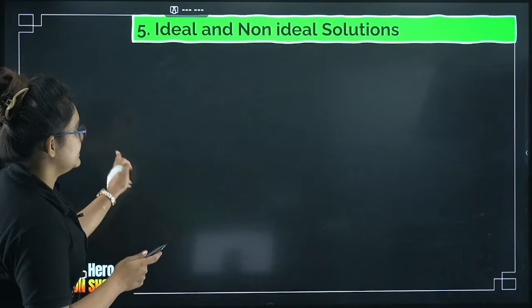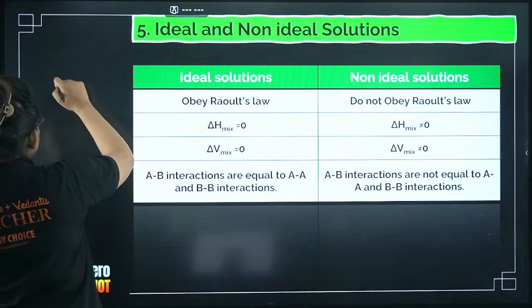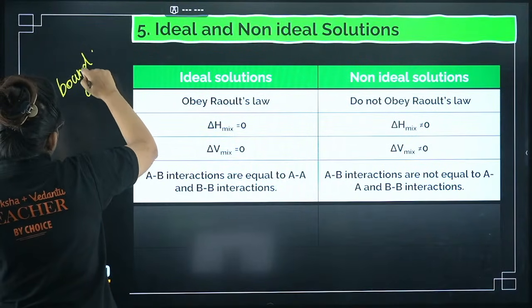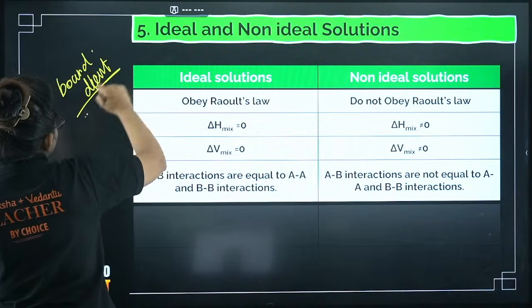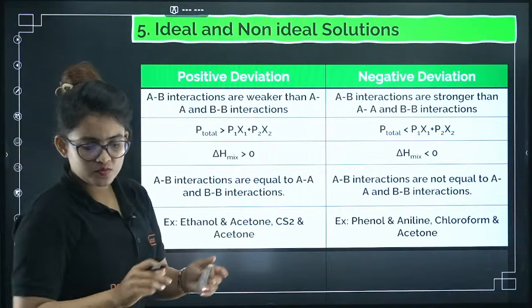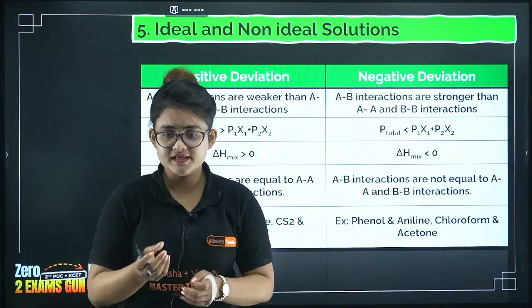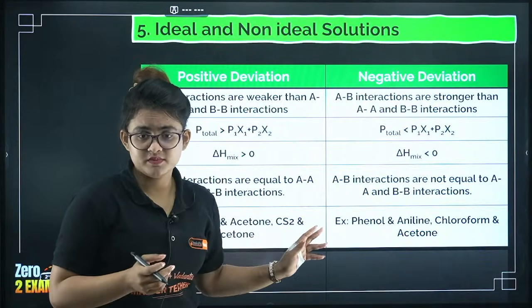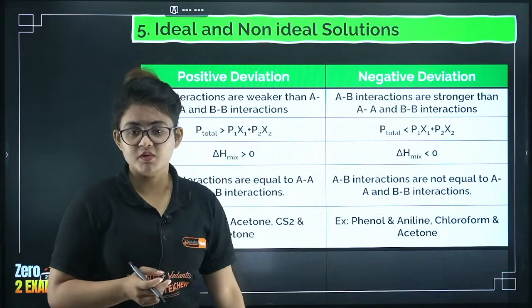This particular thing is very important for your board, and concept-wise for your KCET examination too, because some MCQ type questions are also asked from this, because the examples are very important here.